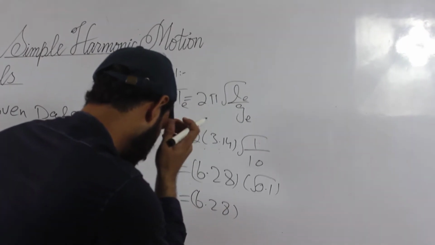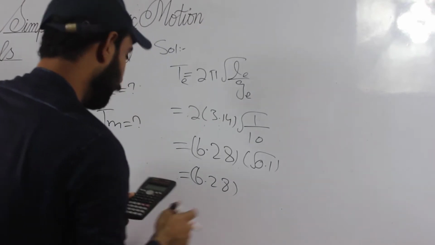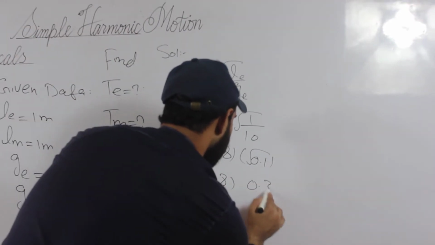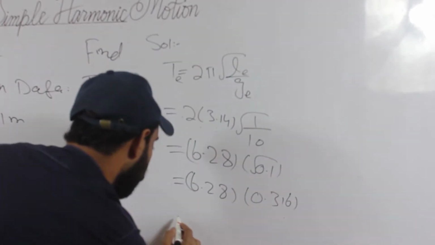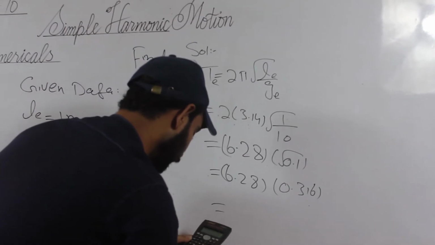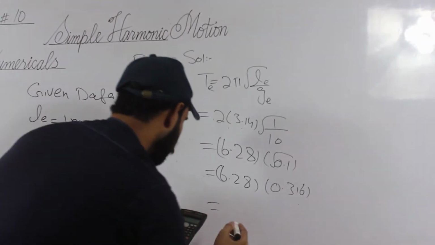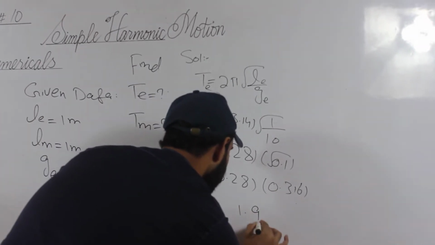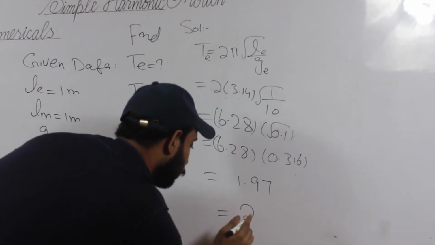After taking the square root of 0.1, we get 0.316. Now multiply these two, 6.28 multiplied by 0.316, and we get 1.97. So after rounding off, we get 2.